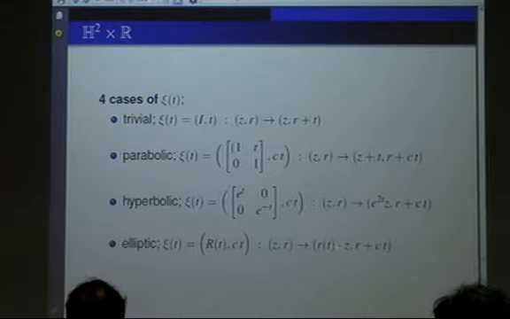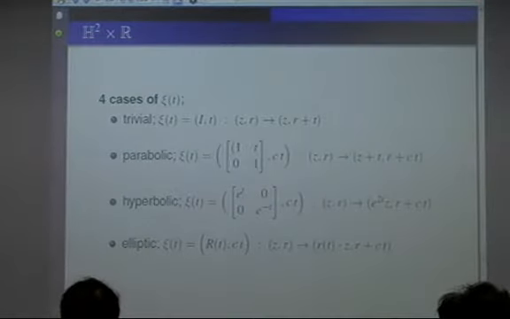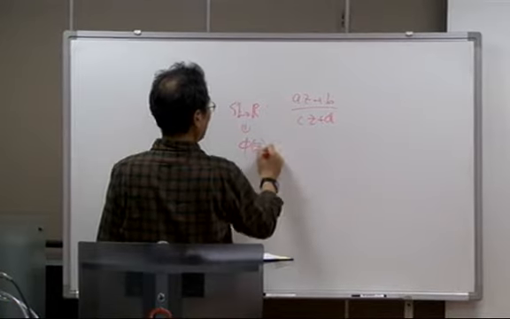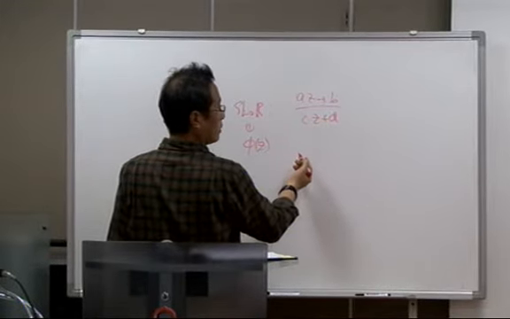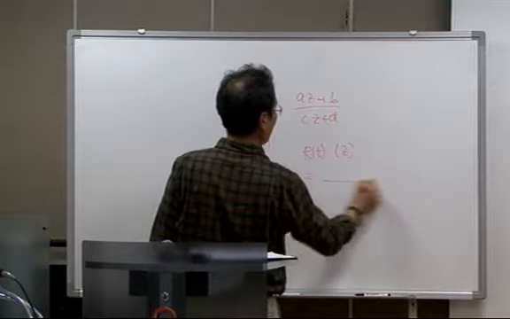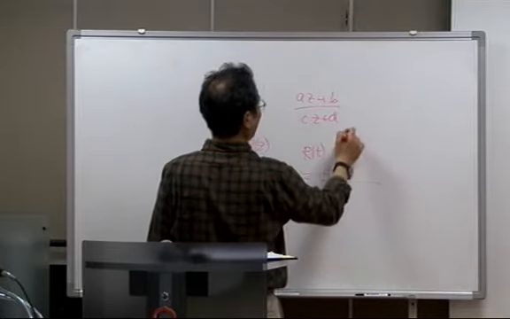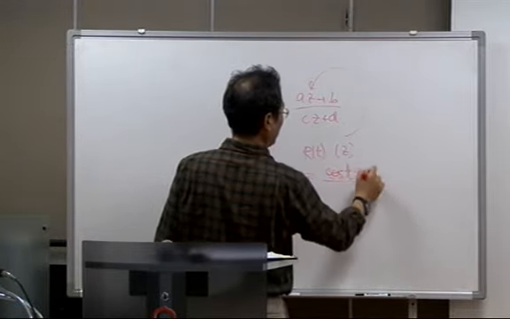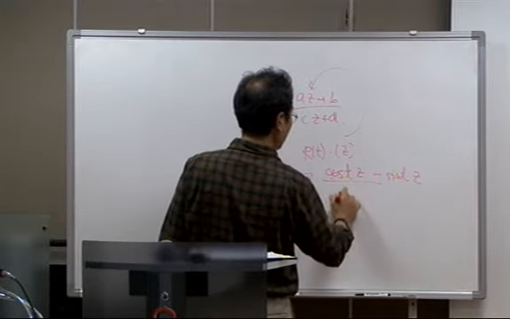What R_t times g means is, if we have SL2 elements, then R_t times g is just plugging g in here, cosine t g minus sine t, something like this.